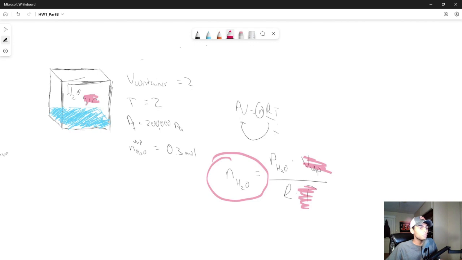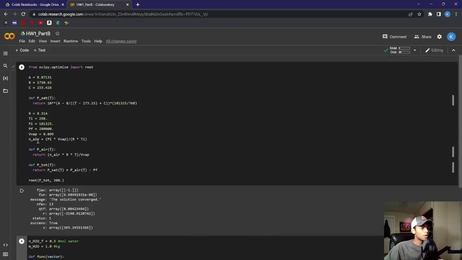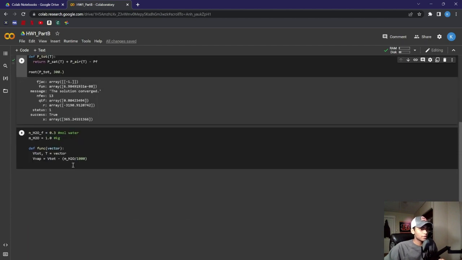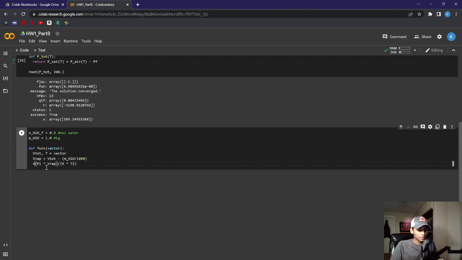And so we also want to account for the fact that this air is in our system. The way we calculate that air is the same way we calculated the moles of air last time. So if we scroll up, we see we have this equation here. So we can copy and paste that down right there, and then air is going to be equal to that.